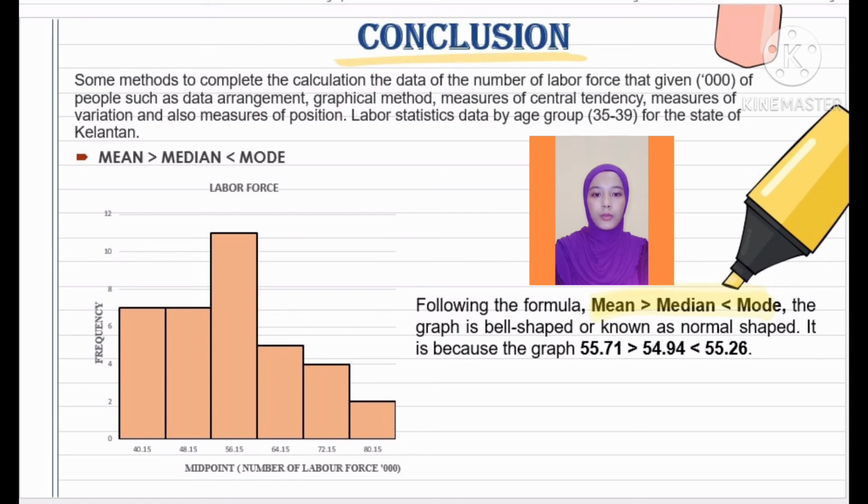As a first step to arrange the data given, we use frequency distribution to calculate the number of classes, 6, and the class interval or width is 7.48 or 8, and the class limits.